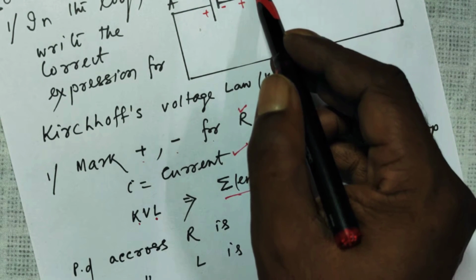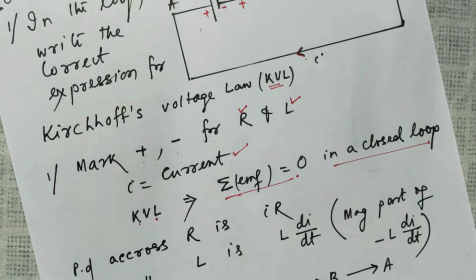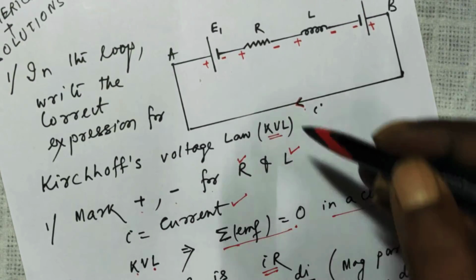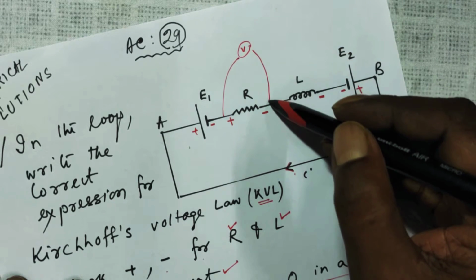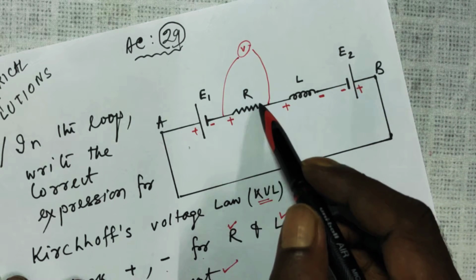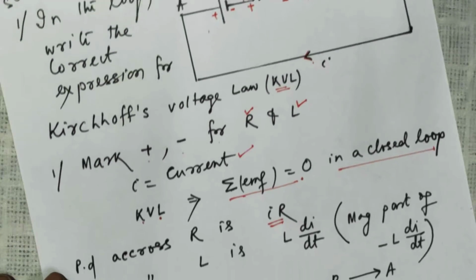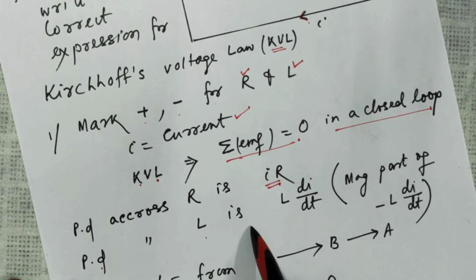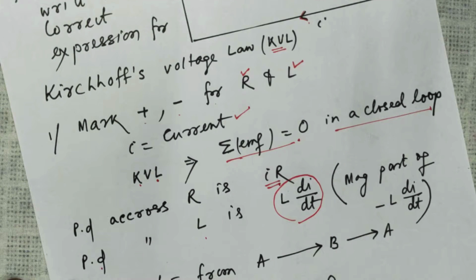The current into this resistance gives the potential difference across R, that will be IR. If you connect a voltmeter here, the potential drop across R is current into resistance, I into R. Similarly, the potential difference across L is L di by dt.